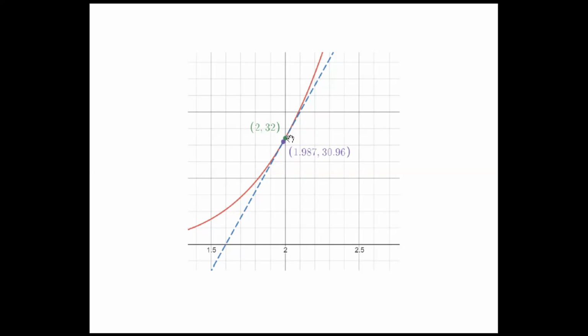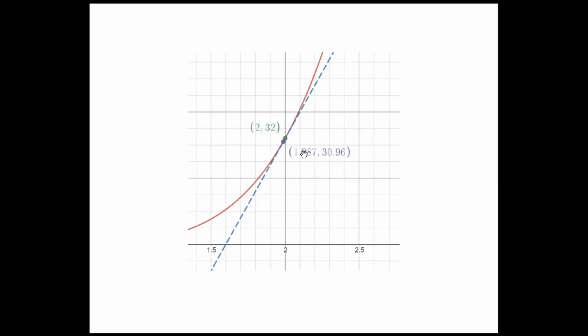As I said, that's the equation. That's the line that you would get if you found the slope, took the point (2, 32), put it into the point-slope formula from algebra 1, y minus the y coordinate equals m times x minus the x coordinate, solved for y and graphed that function.